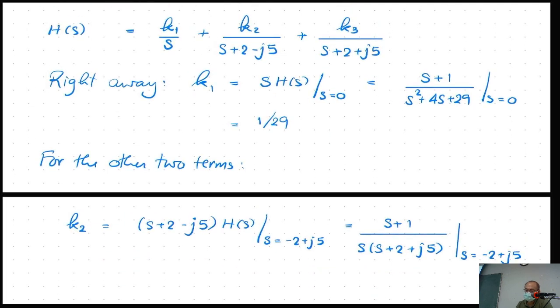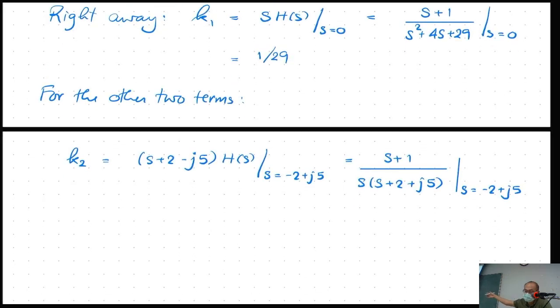And if we had known that K2 and K3 were a conjugate pair, then we would have done this differently, and it would be a lot easier than this. But this is just for illustration.